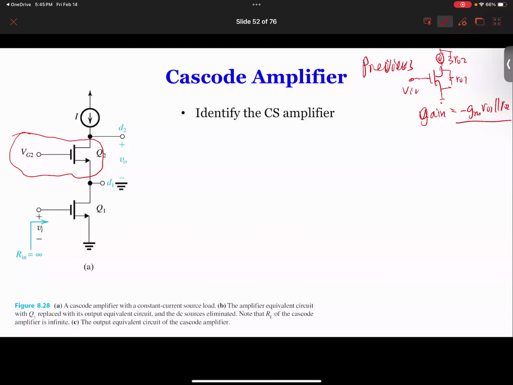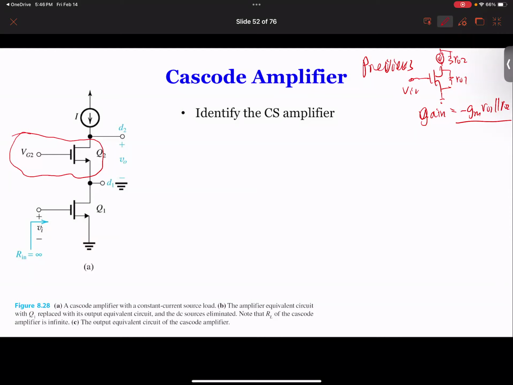The output of Q1, this is the input, the output of Q1 is over here. And that output of Q1 is connected to where? To the source of Q2. And the gate of Q2 is grounded.